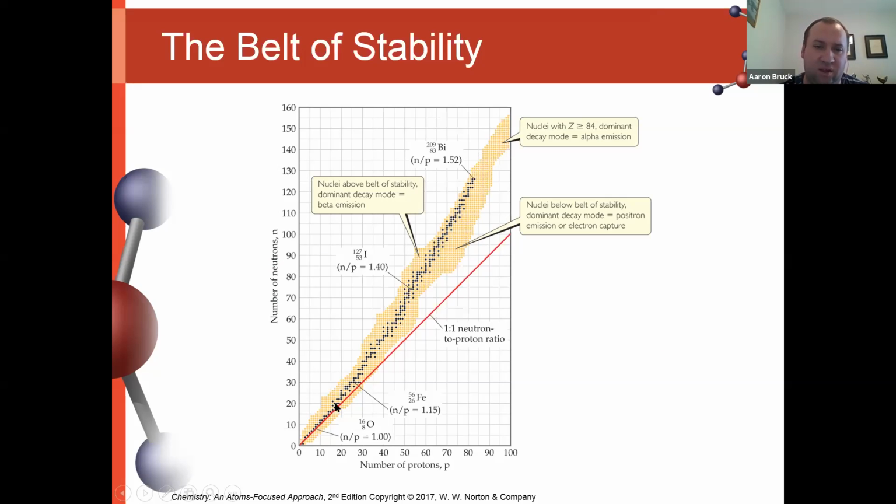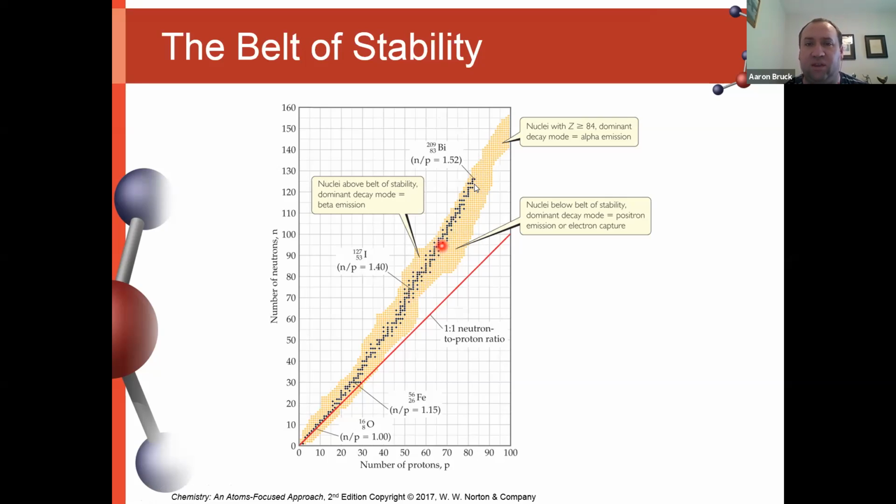Once we hit calcium, though, we start to see that it bends up. By the time we hit iron, element number 26, the neutron ratio is about 1.15 neutrons for every proton. By the time we hit iodine, it's up to about 1.4 neutrons for every proton.